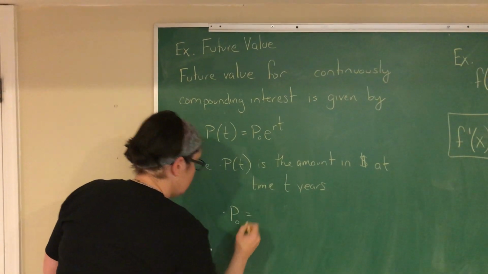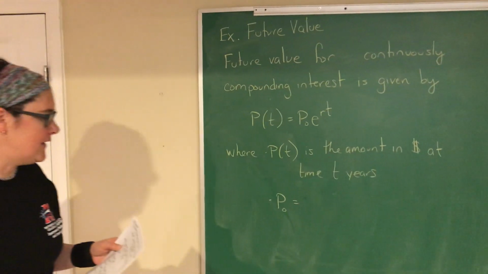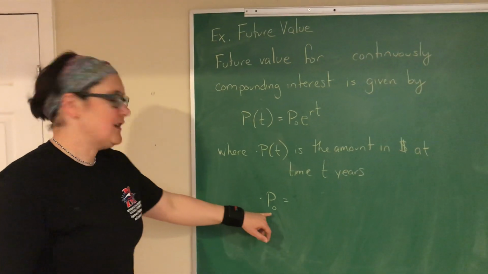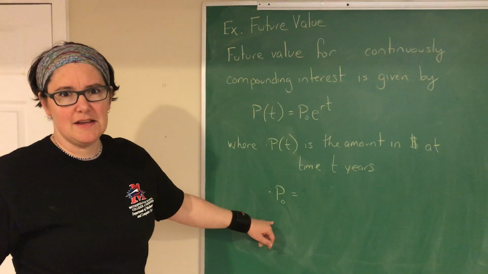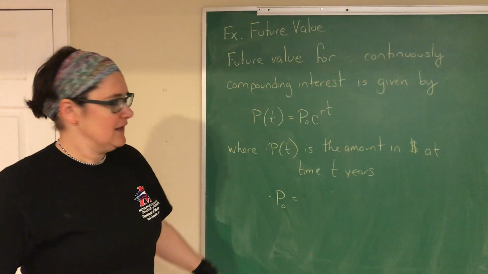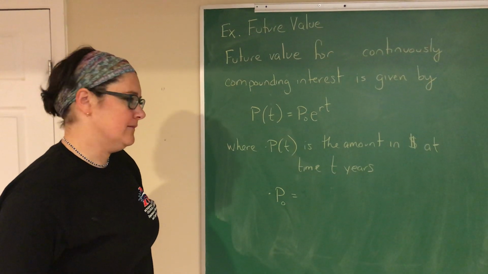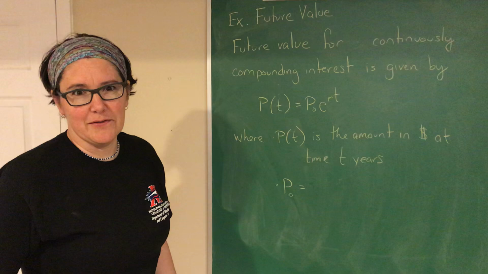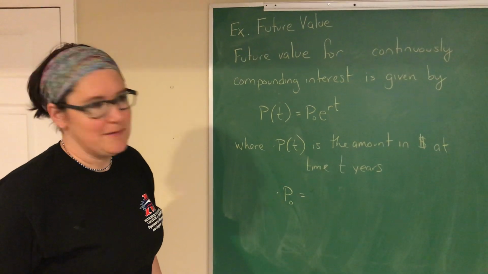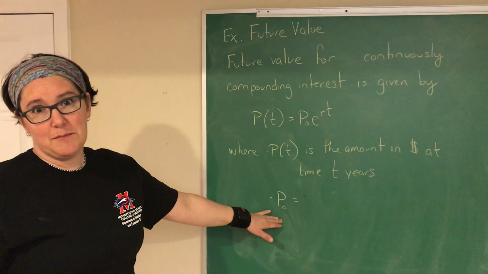P naught, or P sub 0 is another way to say that. P naught, the naught is not spelled N-O-T, it's N-A-U-G-H-T. So it's P naught or P subscript 0.